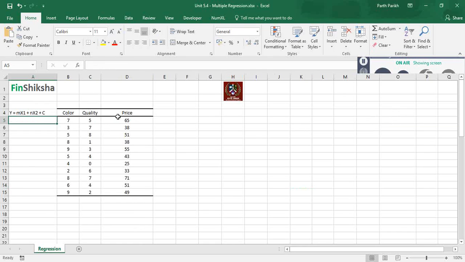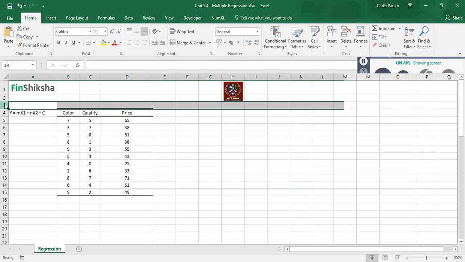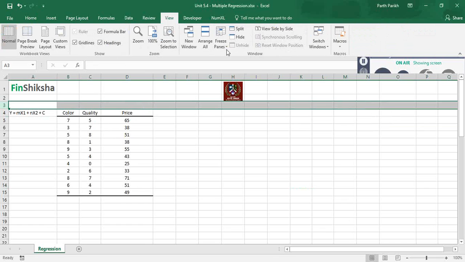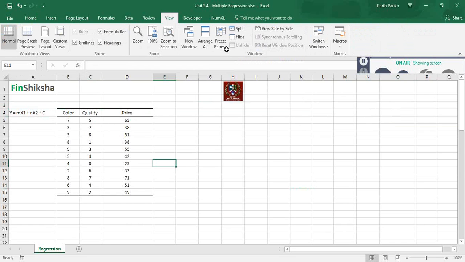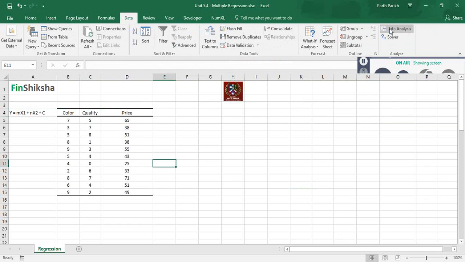All right. Now let's see how we go about it. Let me freeze this. Now I will go to Data, and there's Data Analysis to do the regression.